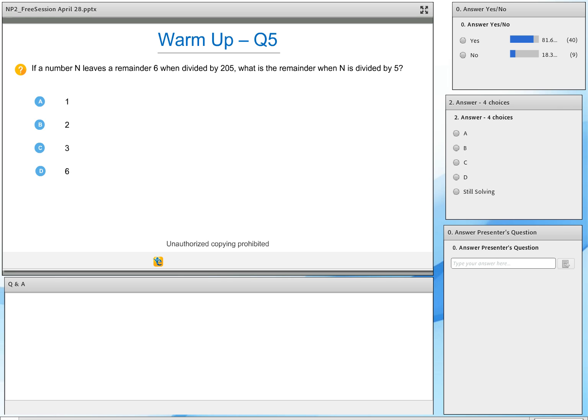All right, I'm going to end the poll now. So how many of you used the method that I showed you for question number 4 to solve this question?